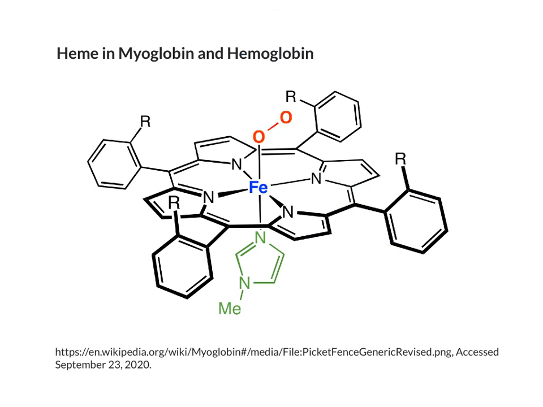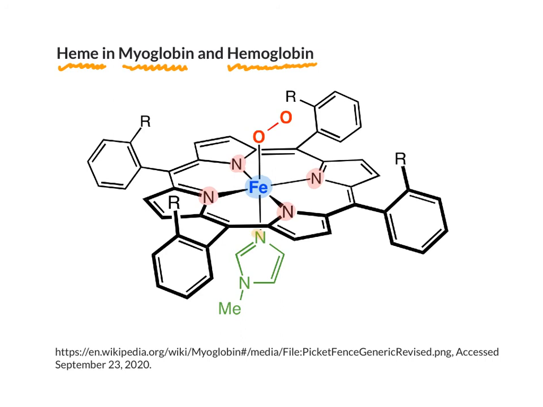And we get a similar structure if we look at the heme in myoglobin, which is the protein that binds oxygen in muscles, and hemoglobin, the protein that binds oxygen in the blood. We've got our central atom. Around it are 4 nitrogens.